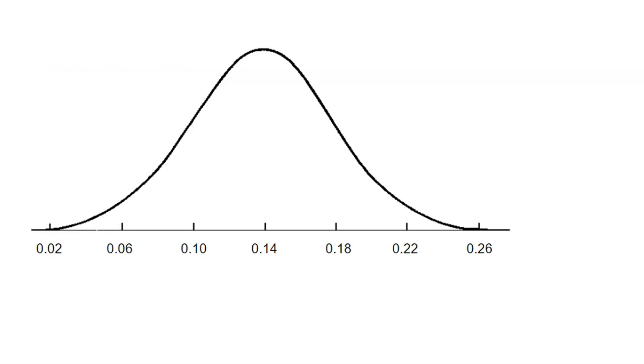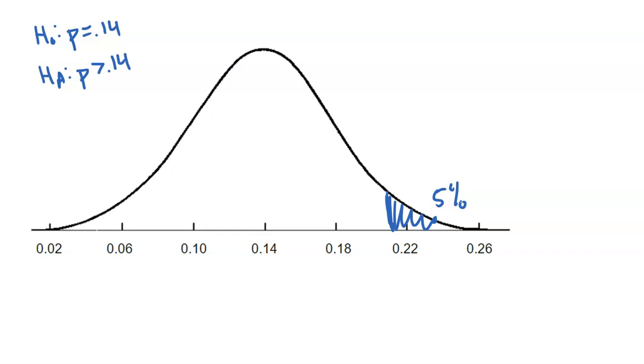Now, let's go back to this example again here, where our null hypothesis was that the true proportion is 14%, and the alternative is that we believe the true proportion is greater than 14%. So once again, if we set our alpha value at 5%, that means the top 5% right over here is going to cause us to reject the null.